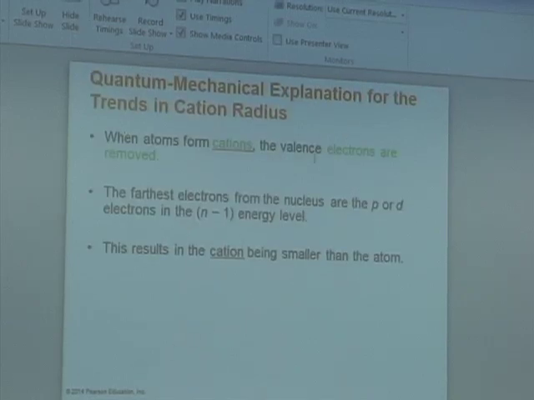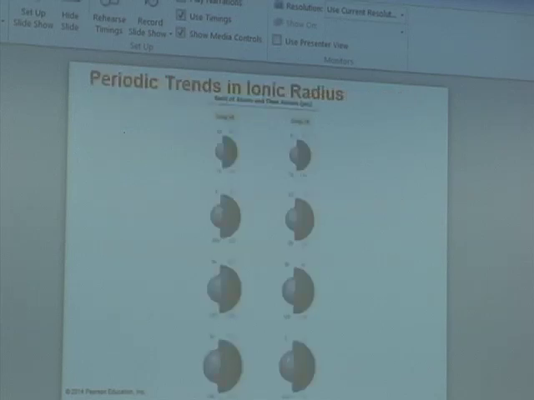So when atoms form cations, the valence electrons are removed, and so the cations are much smaller than the atom, right? And then when anions form, they in turn get much larger than the atom itself.